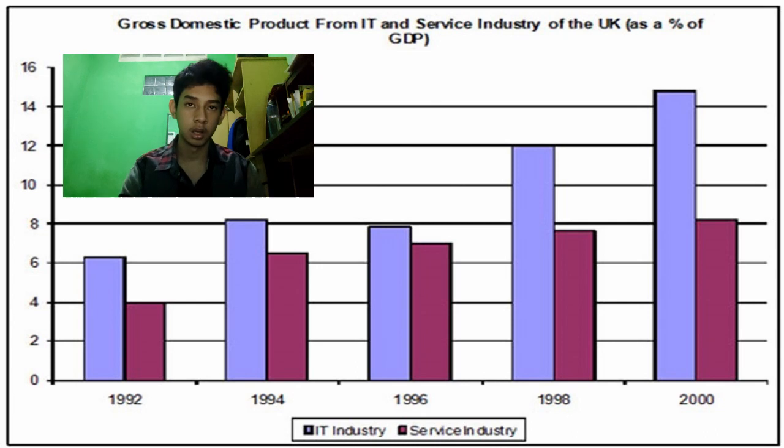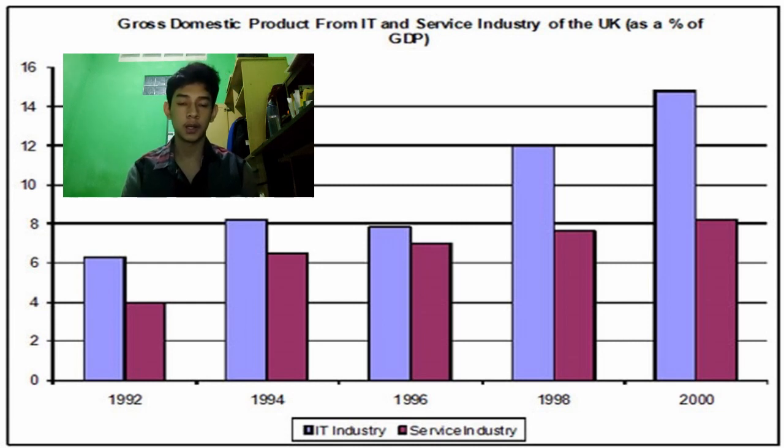Initially, the rate of gross domestic product earned from the field of information technology was equal to 6%, apart from a brief decline between 1994 and 1995.